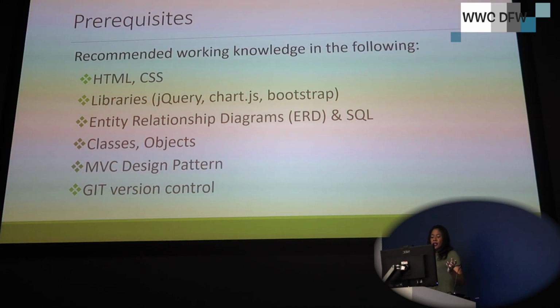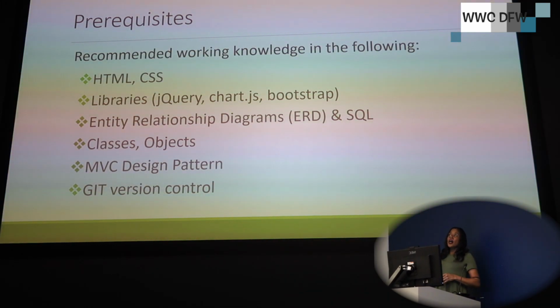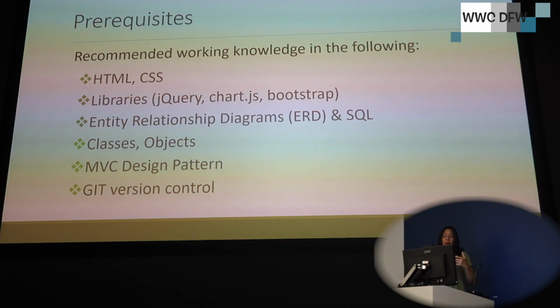But classes and objects, in this regard, we're going to be talking about data. We will be talking about different properties and methods, what actions you want to perform on that data for this project. We're going to look a little bit at the MVC design pattern.